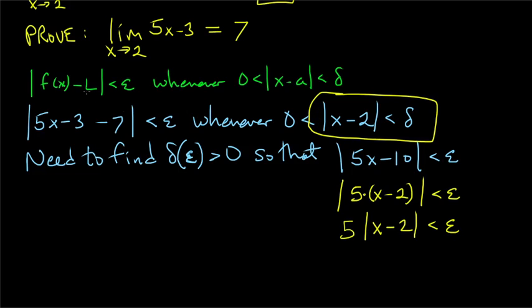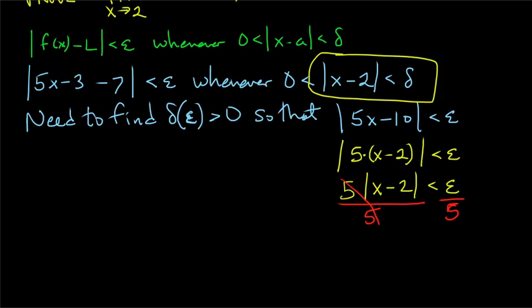So, easy fix there, just divide by 5 on both sides. So that cancels the 5. And now what I'm left with is absolute value of x minus 2 is less than epsilon over 5.